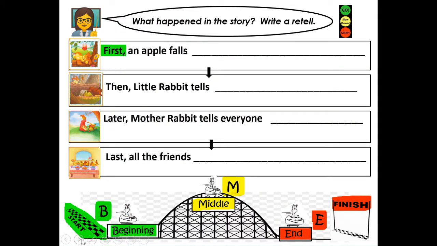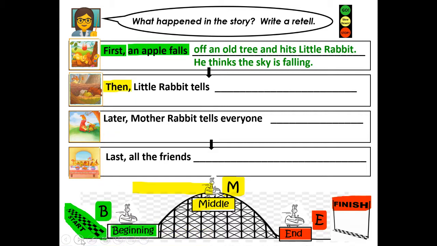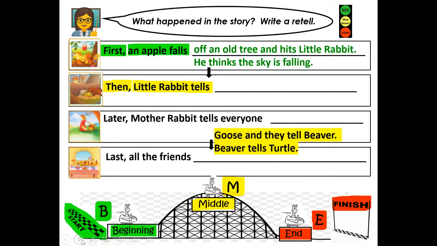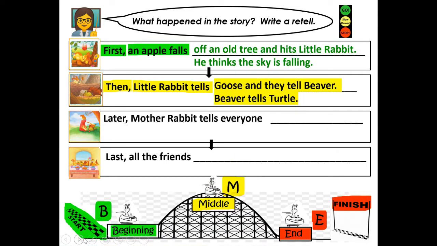First, what happened in the story? Write a retell. Green means go. First, an apple falls off an old tree and hits Little Rabbit. He thinks the sky is falling. Then Little Rabbit tells Goose, and they tell Beaver.